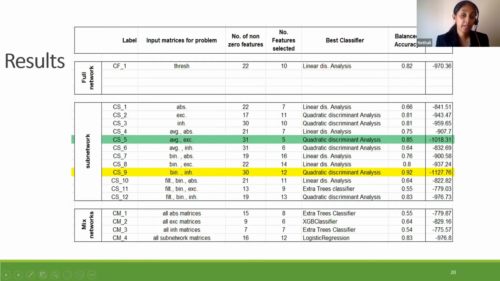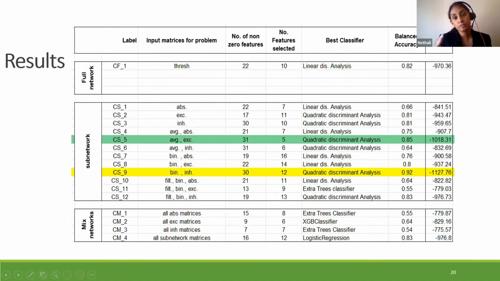So our best classifier results are coming from the subnetwork level, and that is in our problem CS5, which is our average excitatory metrics. We start off with 31 non-zero features after cleaning up all of the features.